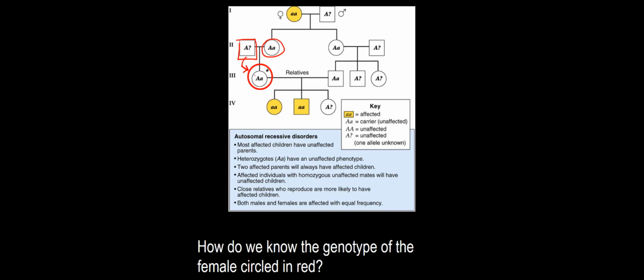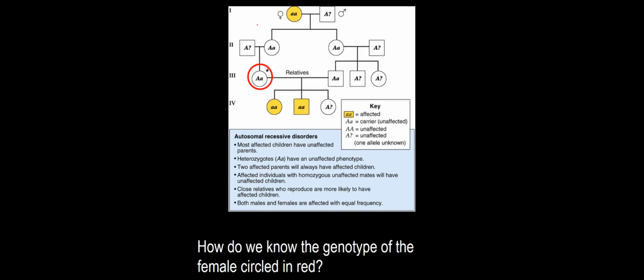Here's my question to you. How do we know this woman's genotype when we do not know her dad's genotype? I'll let you think about that for a second. So for the red circle, how do we know for certain what her genotype is definitively, as opposed to dad's, where we don't know something about him?